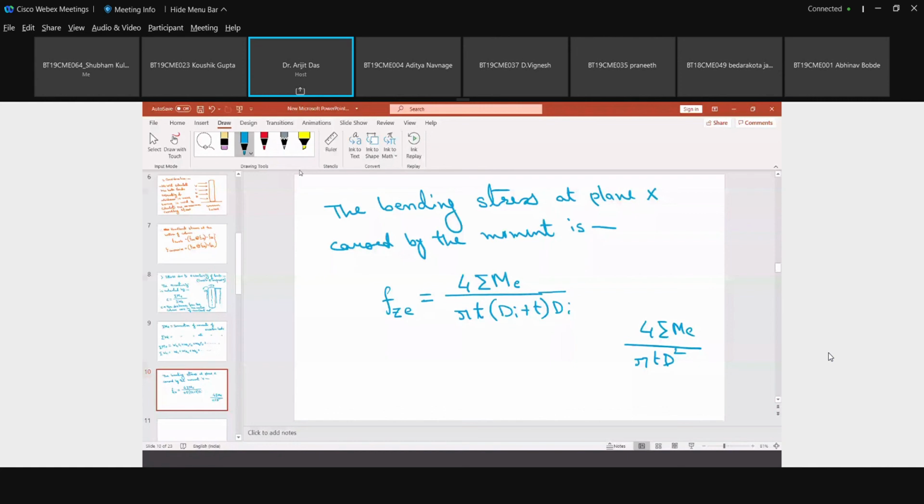Loads due to the wind, loads due to the dead weight, its own weight, different equations and different derivations we have done, and further loads or stresses induced due to the seismic load and the eccentric load.